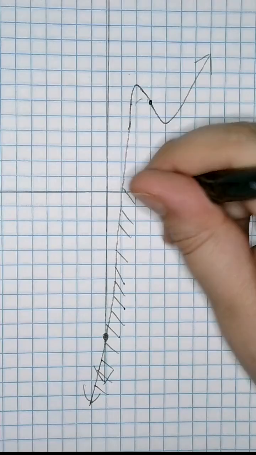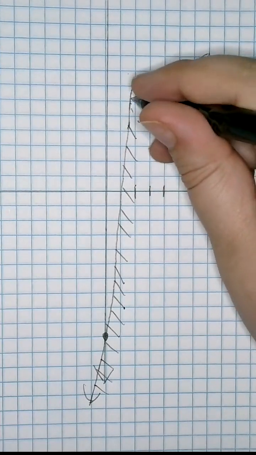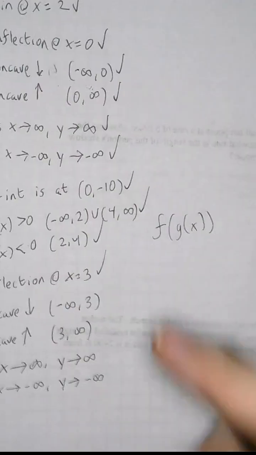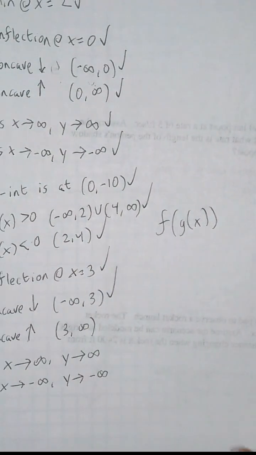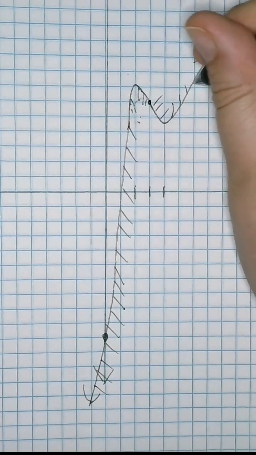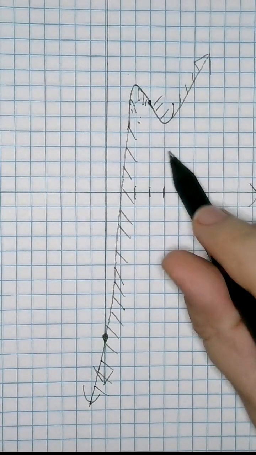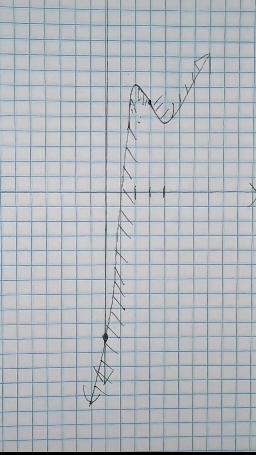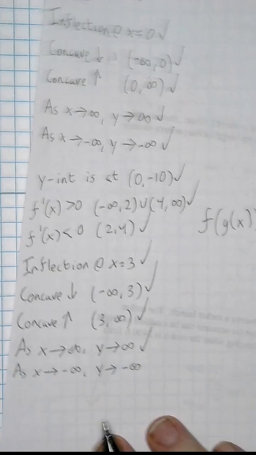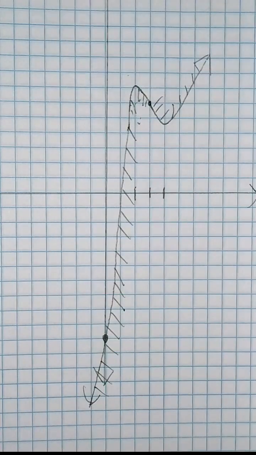So it's concave down, concave down, concave down. And here, yep. So that's checked. From 3 to infinity, it's concave up. So it looks like it is. Yep, so that's checked. And now as x approaches infinity, y approaches infinity. As x gets really big, we're climbing up to positive infinity, so that's checked. And as x approaches negative infinity, y approaches negative infinity.